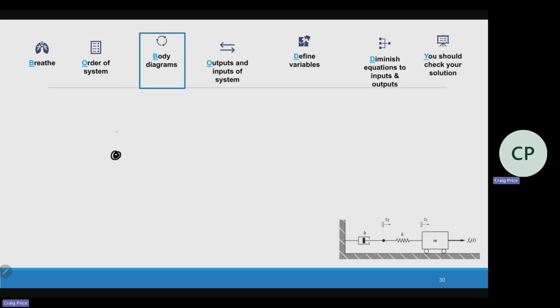So here's node. And here is mass. So we need to have both of them.